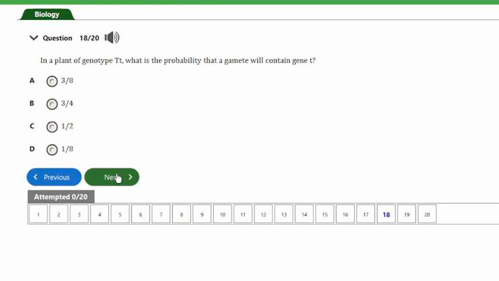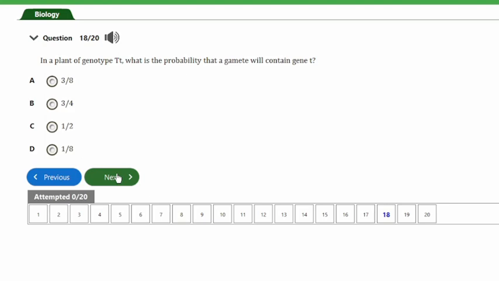It says, in a plant of genotype Tt, that's heterozygous Tt, what is the probability that a gamete will contain gene t, that's the small t? So guys, let's look at the options here.